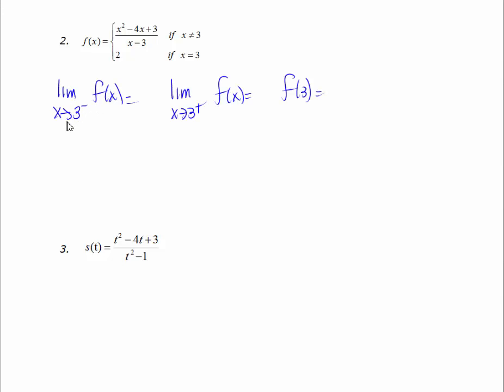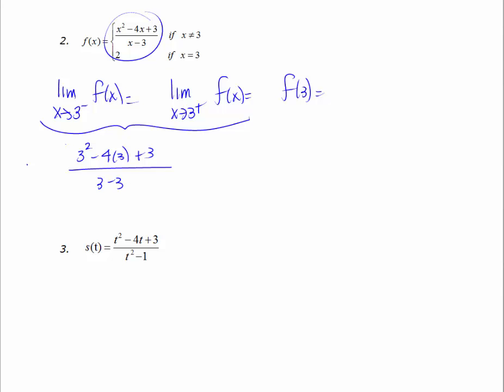So the limit as x approaches 3 from the left and the limit as x approaches 3 from the right, both of those we'll be using this function. And so we would just evaluate the function at 3. So 3 squared minus 4 times 3 plus 3 all over 3 minus 3.